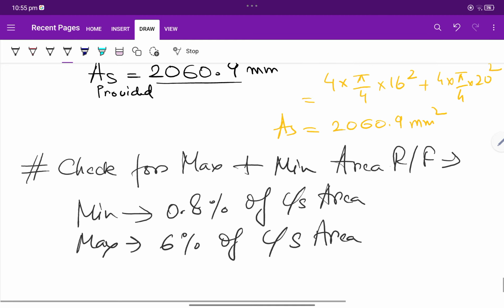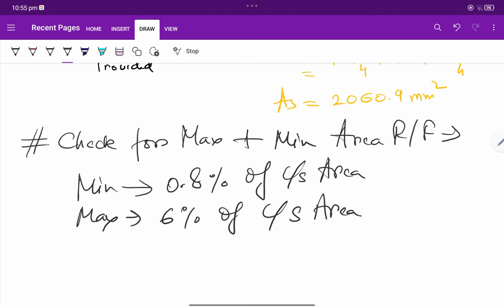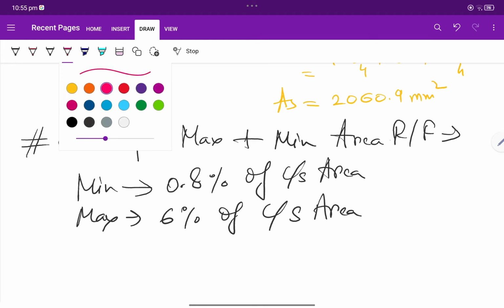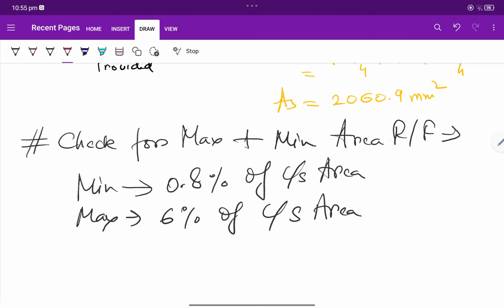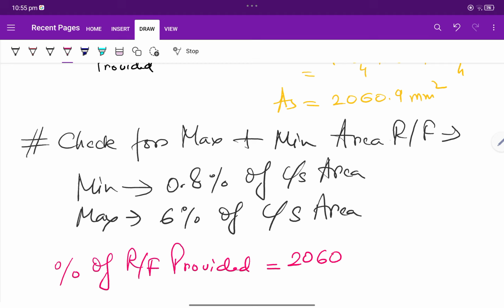So we have to calculate what it is coming to. The percentage of reinforcement provided is very simple: just take the total area of steel provided into 100 by BD.